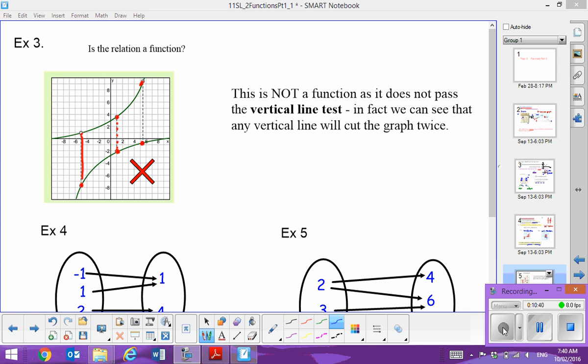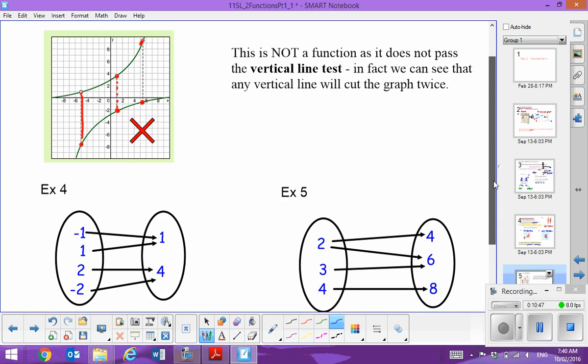So this is not a function as it does not pass the vertical line test. In fact, we can see that any vertical line will cut the graph twice.